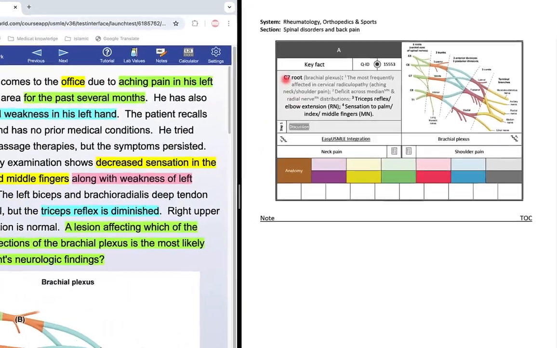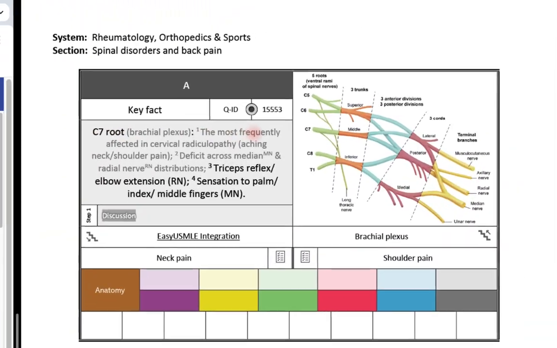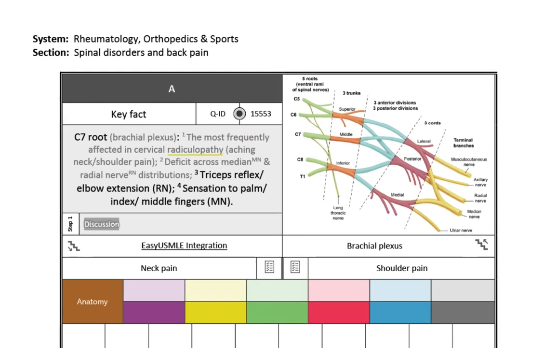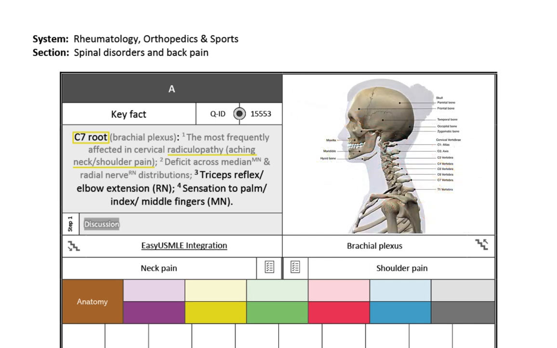This patient developed cervical radiculopathy, indicated by the aching neck and shoulder pain, and C7 is the most commonly affected. So the C7 root of the brachial plexus is the most frequently affected in cervical radiculopathy.